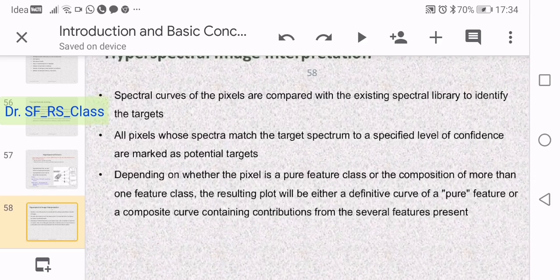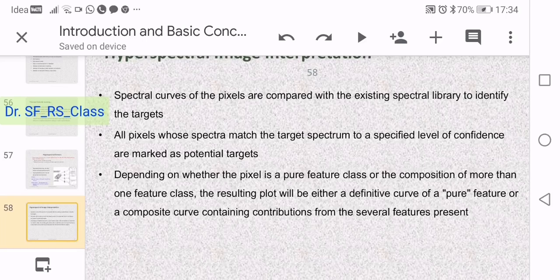In image interpretation, as I've told, we can develop curves of the pixels, and they will be compared with the library to identify the target object. All pixels whose spectra match the target spectrum to a specified level of confidence are marked as potential targets.